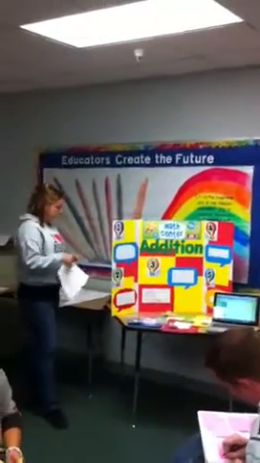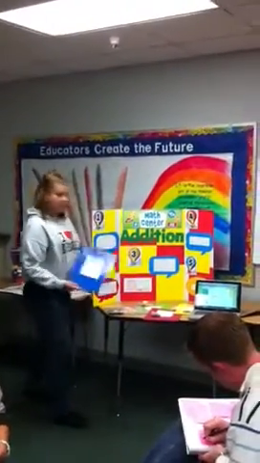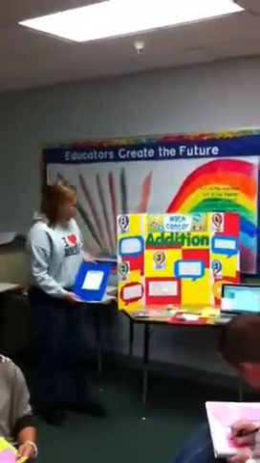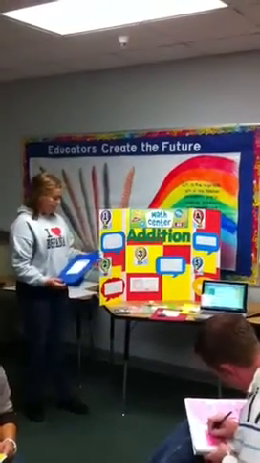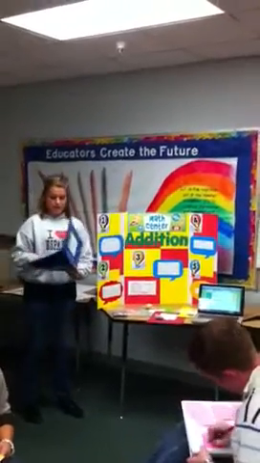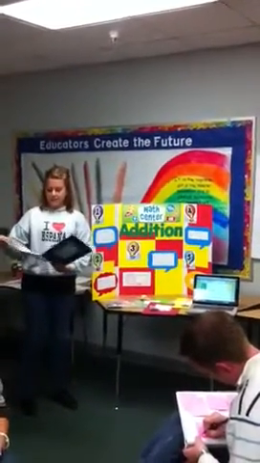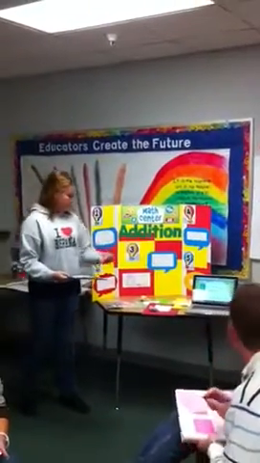So the first activity is called Race to the Flat. They would come up, read the directions, get a set of dice, and roll both dice.